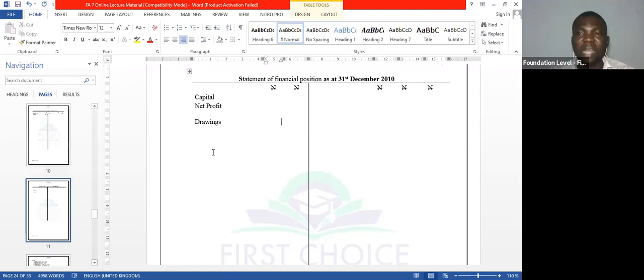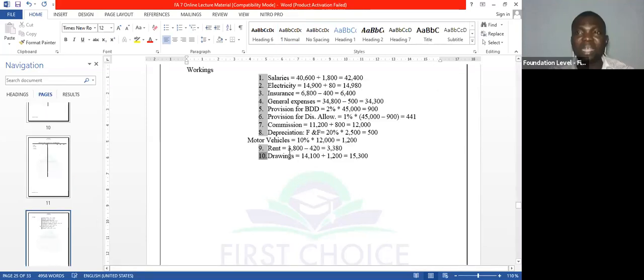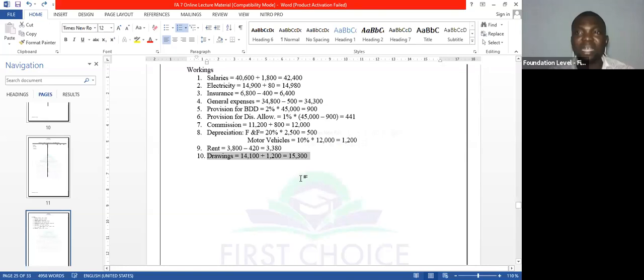Additional information always has two legs. There's double entry, and everything must balance. If our first leg goes to our drawings, our second leg will go to the statement of profit or loss account under cost of sales, to reduce the total goods available for sales.